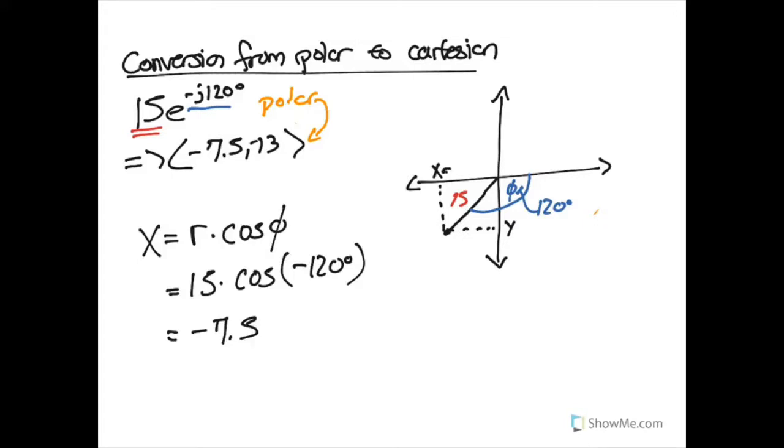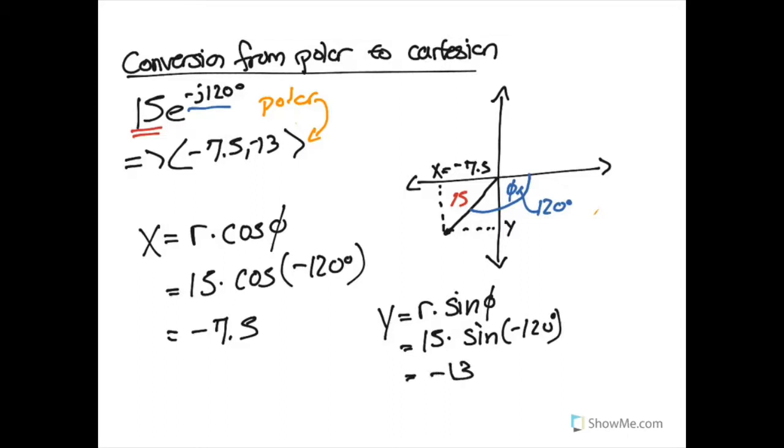So right here it is negative 7.5. Our y value is going to be r times sine of phi, which would be 15 times sine of negative 120 degrees, and our value is going to be negative 13. So our y coordinate right here is at negative 13.